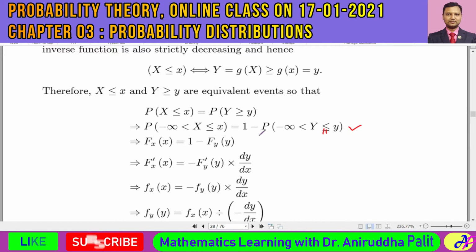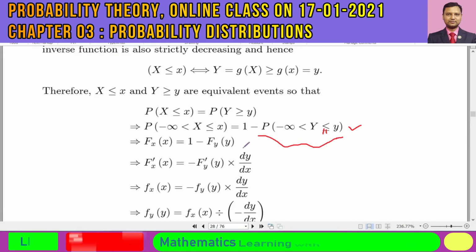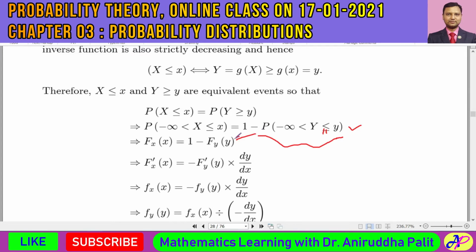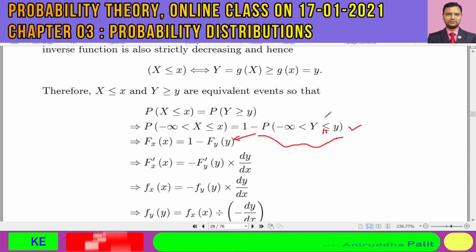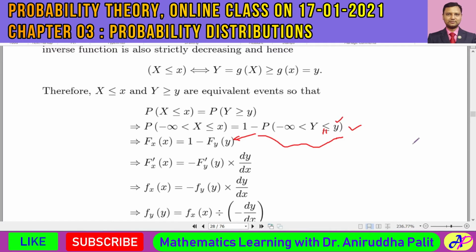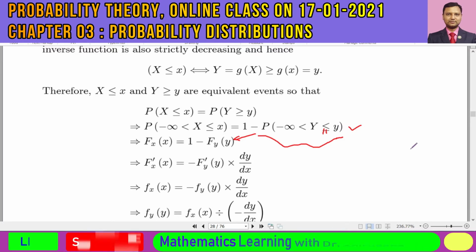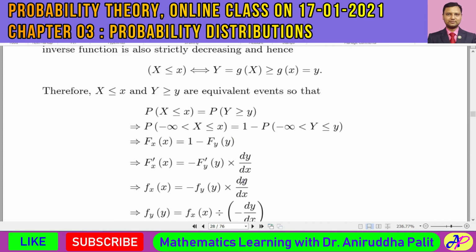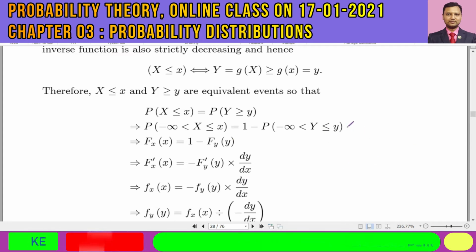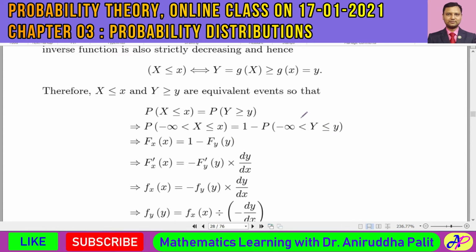Anyway, the value of this expression would be equal to the distribution function, because including or deleting just one point y doesn't change the probability at all. So mathematically speaking this is correct, but it is not the complement of this event. All right.